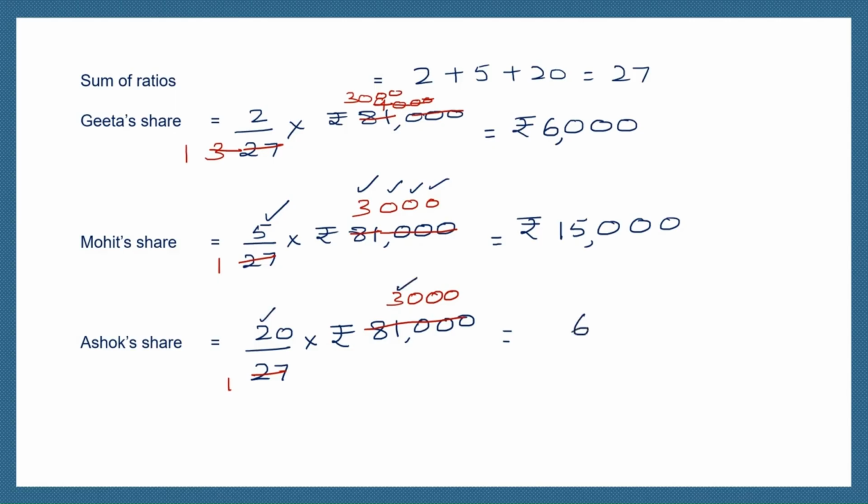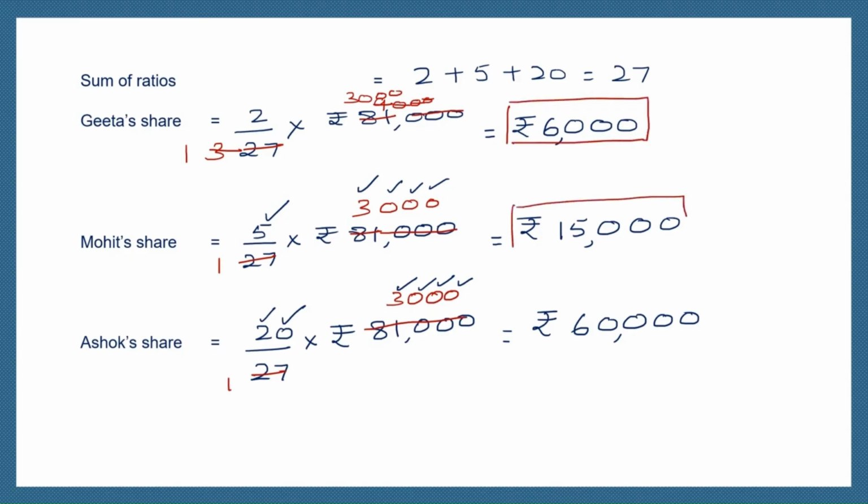Now we'll add all the zeros. 1, 2, 3 and 4 zeros. That makes it 60,000. So now we have found the share of Geeta, Mohit and Ashok. Geeta gets 6,000 rupees, Mohit gets 15,000 rupees, and Ashok gets 60,000 rupees.